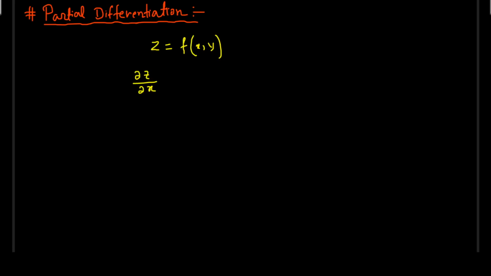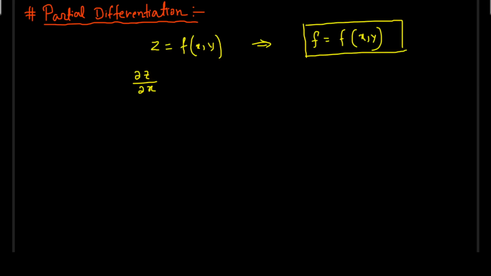Sometimes we treat z as a function of x, y, and sometimes we write f as a function of x, y. In physics this kind of notation is more useful; most of the time in physics we use f as the function of x and y, but in mathematics you can see z as the function of x, y, or something else.